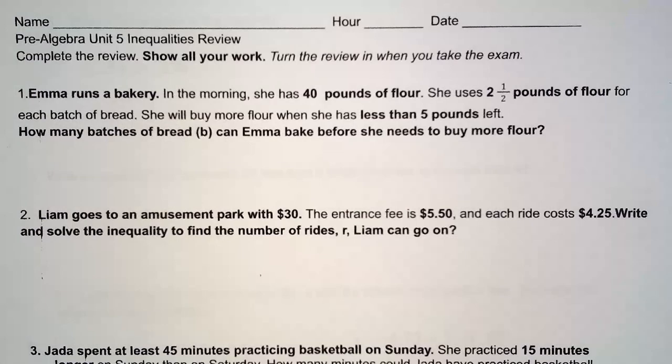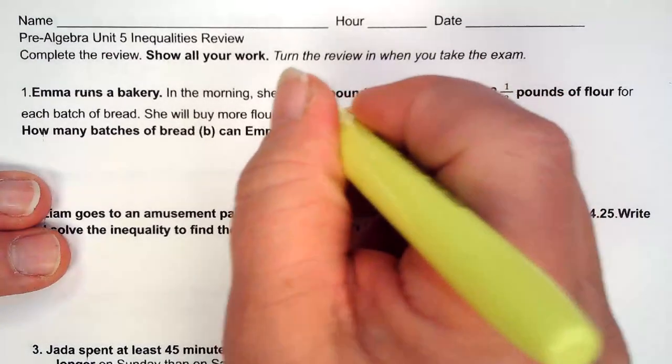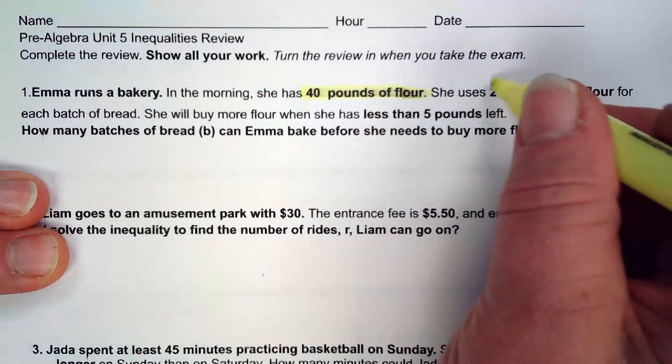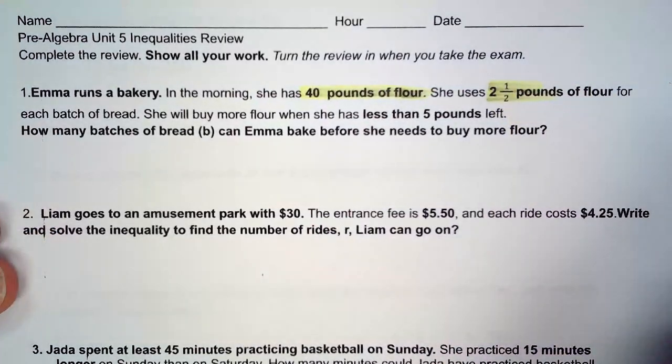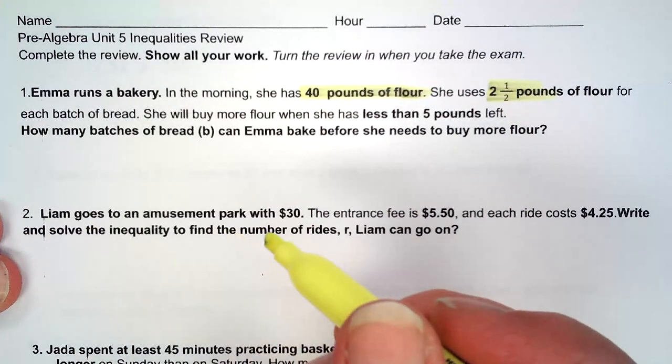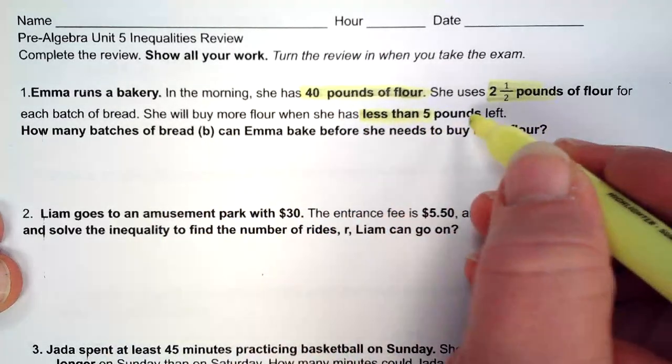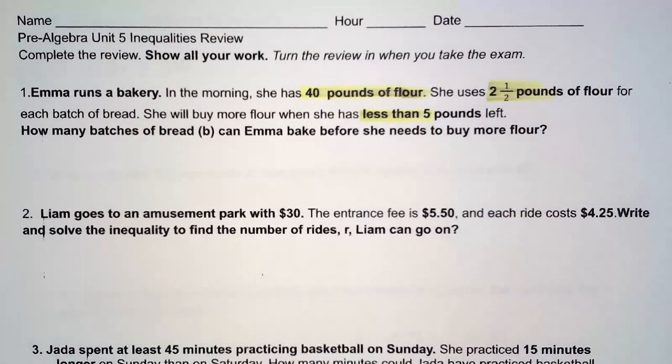Emma runs a bakery. In the morning, she has 40 pounds of flour. She uses 2.5 pounds of flour for each batch of bread. She will buy more flour when she has less than 5 pounds left. How many batches of bread can she make?